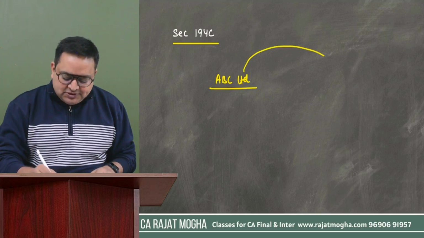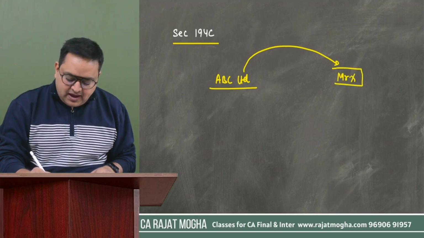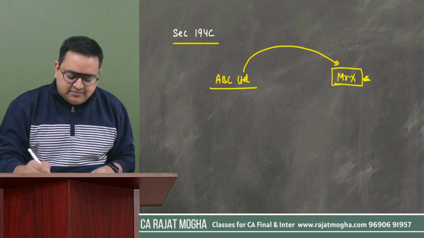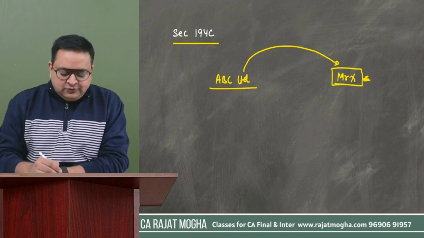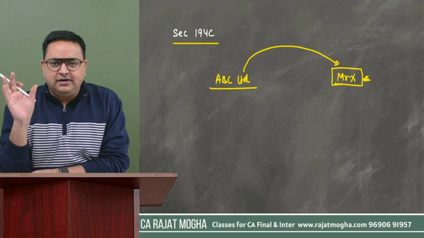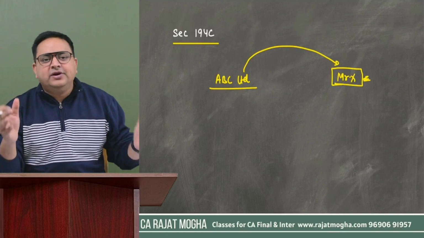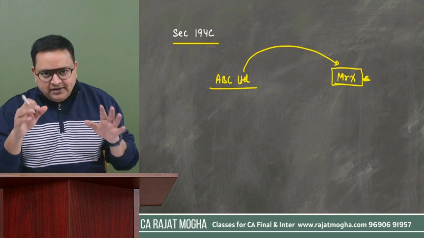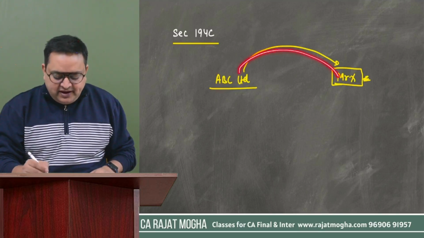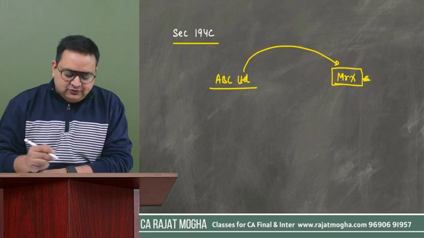So they approach someone, this is Mr. X, and he is engaged in the business of advertisement. So ABC Limited gives a contract to Mr. X. We would like to get our advertisement done in our city. Please place some hoardings, any type of advertisement. They have approached Mr. X. So we are paying to Mr. X. X is getting an income, right? So this is a contract.